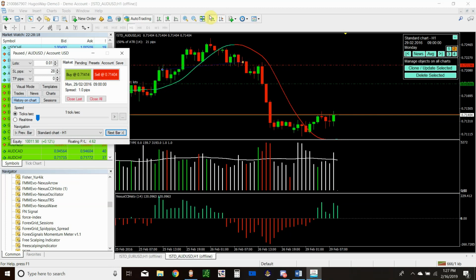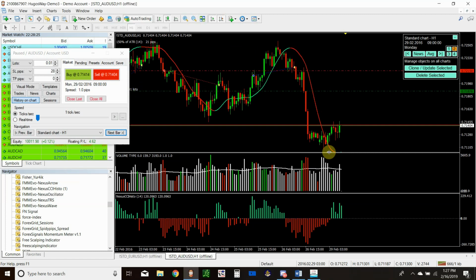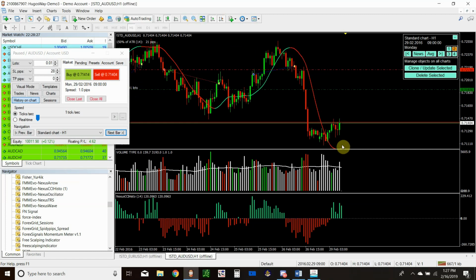Not sure why that isn't auto scaling, but as you can see, there is a little bit of green right there. So we're going to go ahead and exit out. So we'll go ahead and close our trade there.